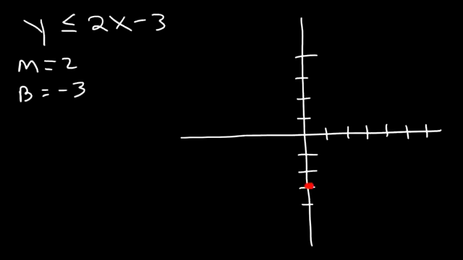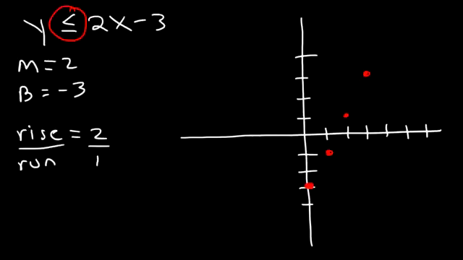Now, because the slope is 2, that means that the rise is 2 and the run is 1, because 2 over 1 is 2. So we need to go up 2 units because the rise is 2 and travel 1 unit to the right because the run is 1. That will take us to the point (1, -1). Then if we go up 2 over 1, that will take us to the point (2, 1), and then (3, 4), and so forth.